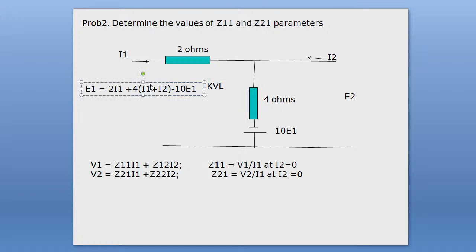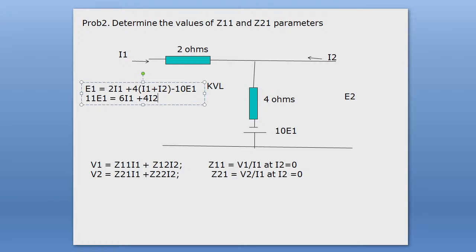Taking the subtraction of 10 E1, we get 11 E1 equal to 4 I1 plus 2 I1, that is 6 I1 plus 4 I2, but I2 equal to 0.